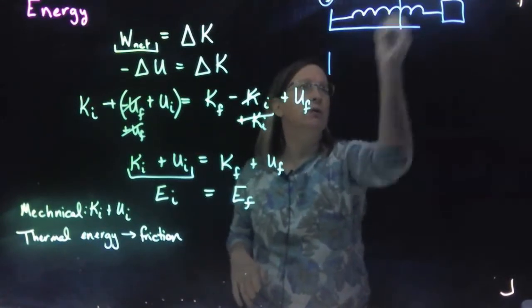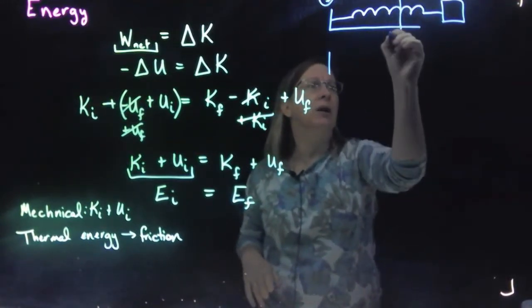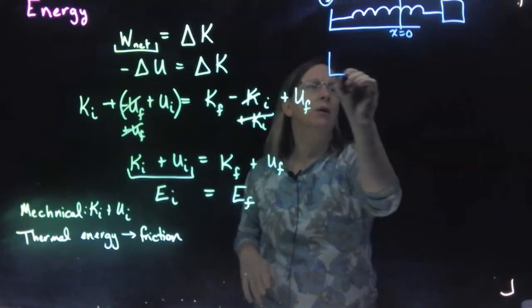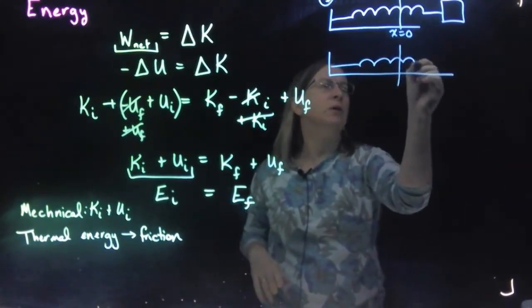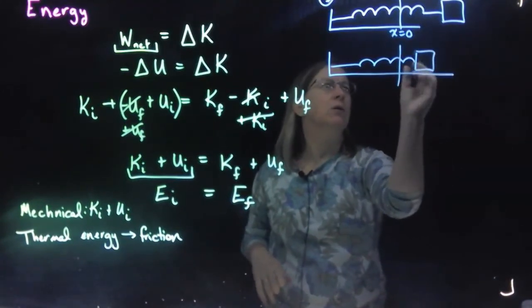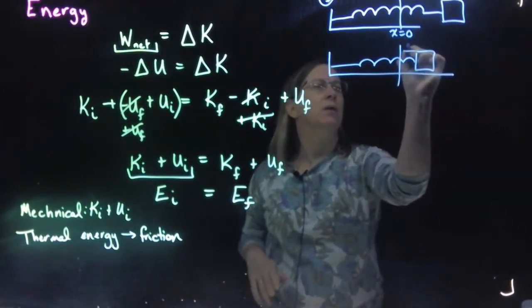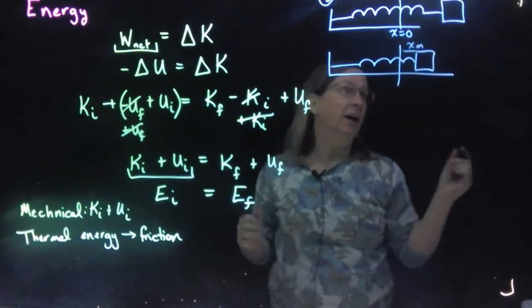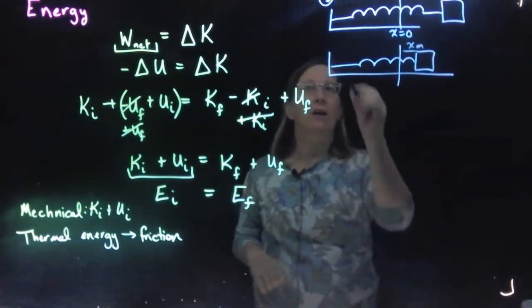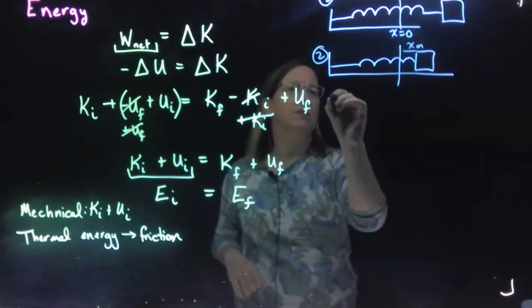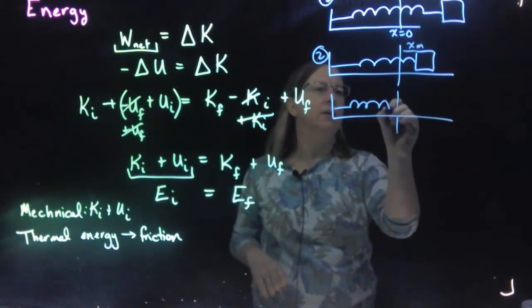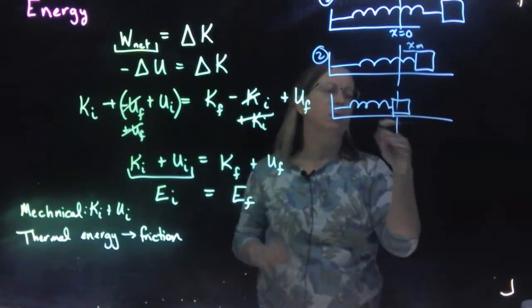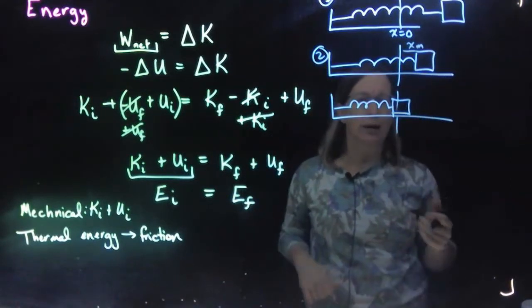Position 2 will be somewhere right about here; we'll call this x middle for right now. And then position 3 will be when we're at the equilibrium position, x equals 0. The spring is at its relaxed state.